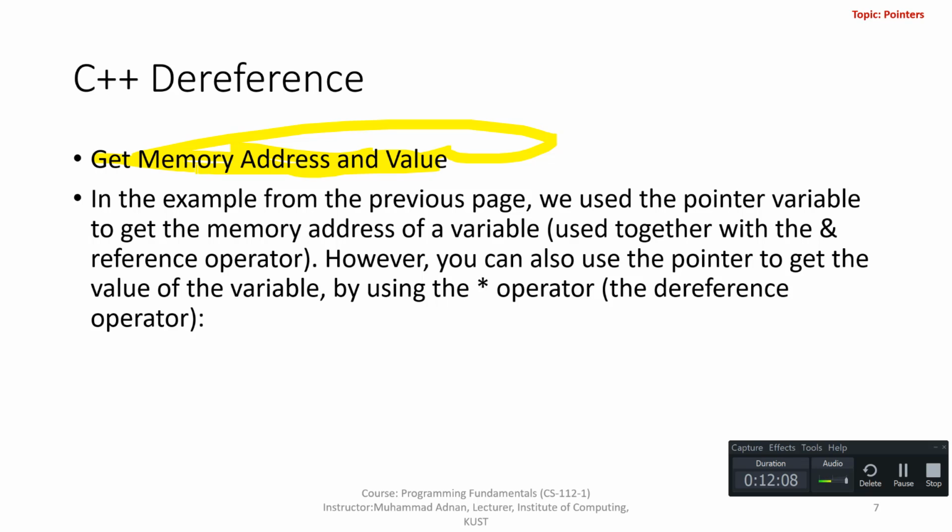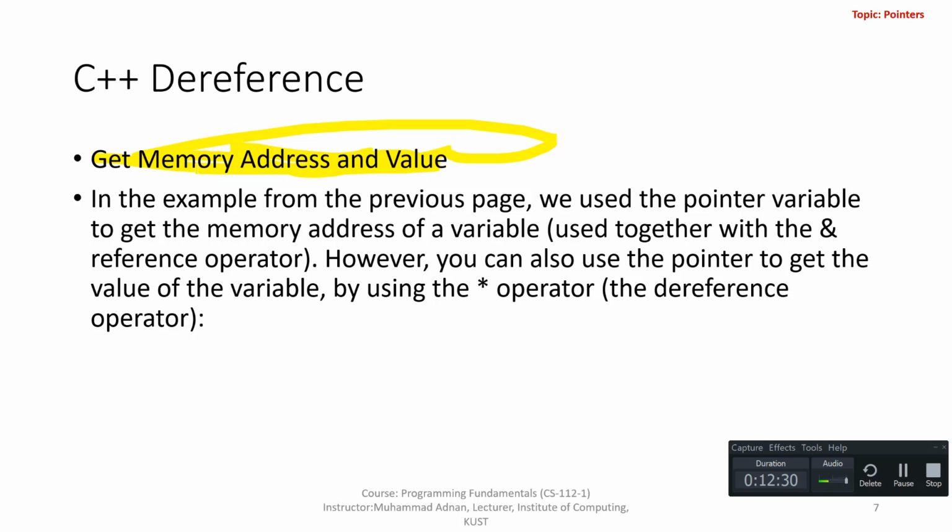Getting the address of a memory variable and then, through that address, getting the value stored at that address is called dereferencing. In the example from the previous page, we used the pointer variable to get the memory address of a variable, used together with the ampersand sign, the reference operator.